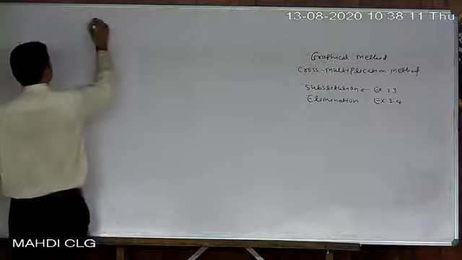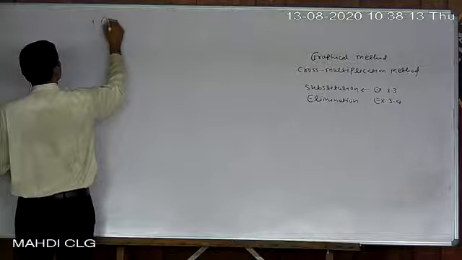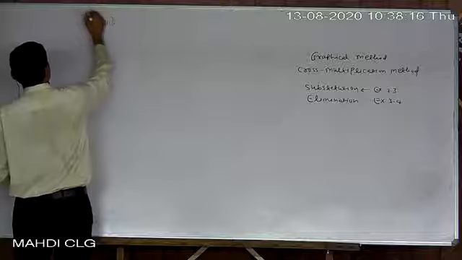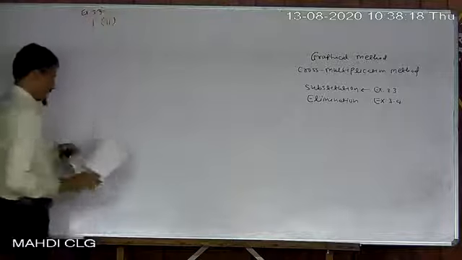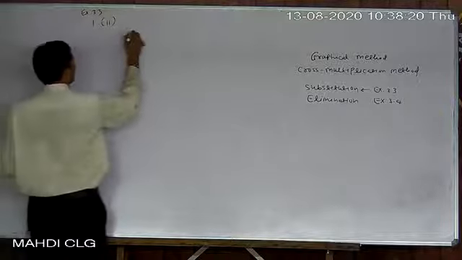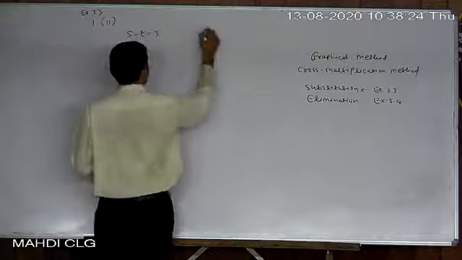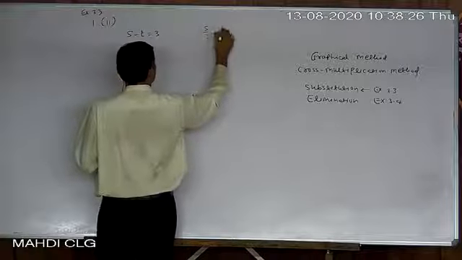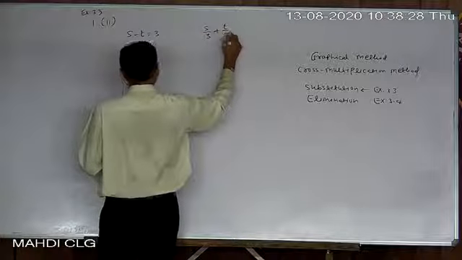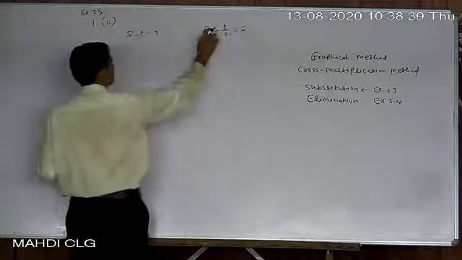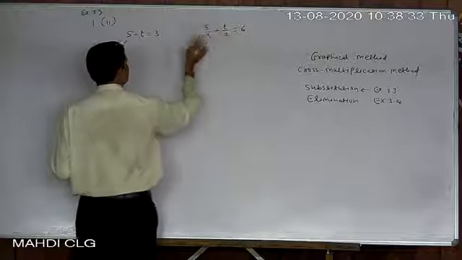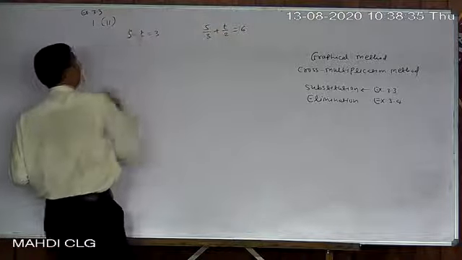So now, first, second, exercise 3.3. It is given: s minus t equal to t, and s upon 3 plus t upon 2 equal to 6. Don't mix it up with 5. It is s only, not 5.